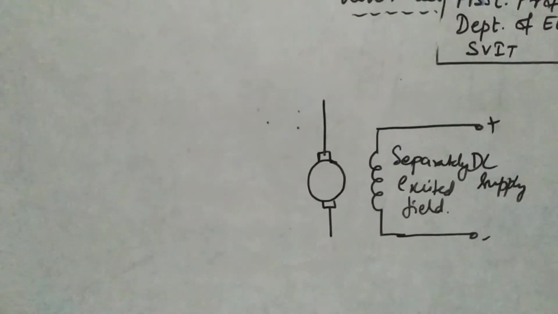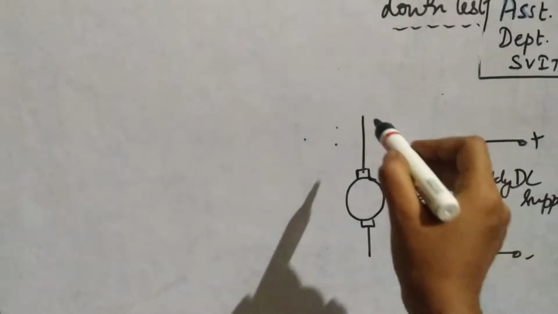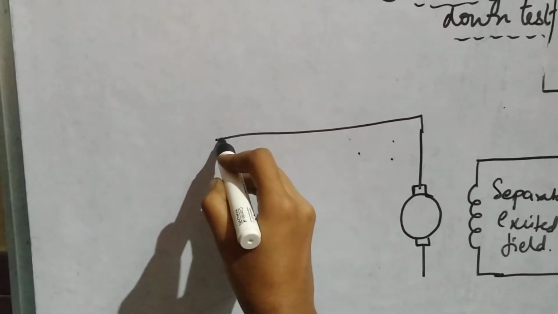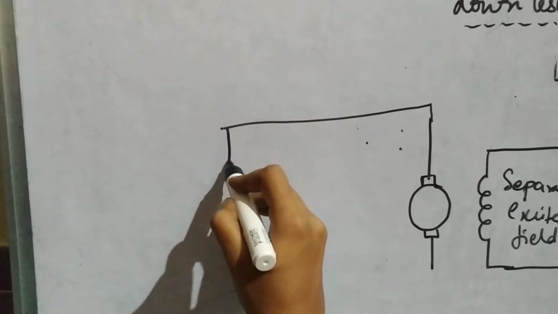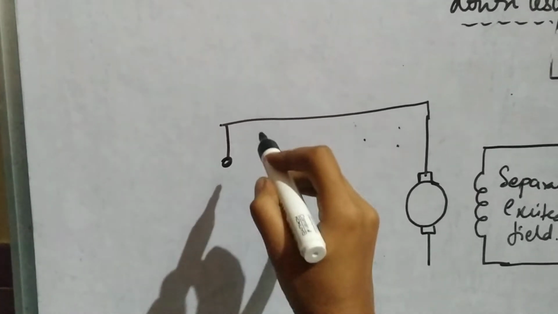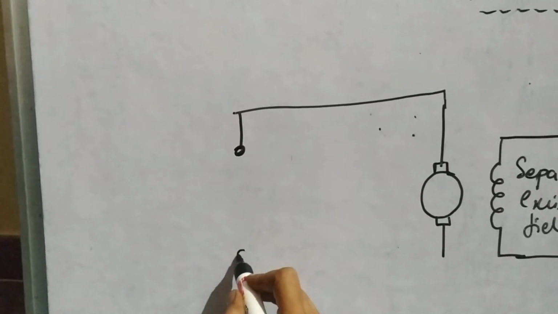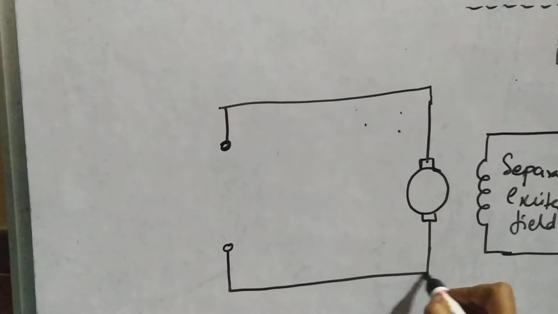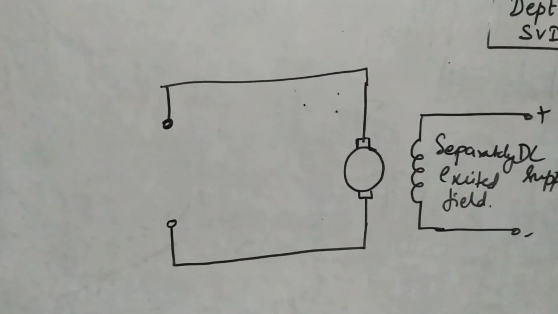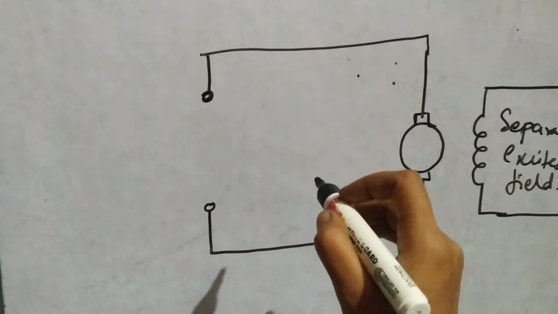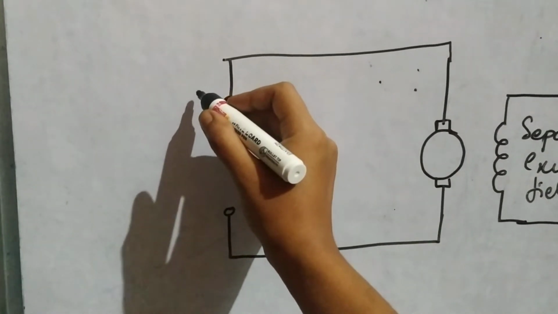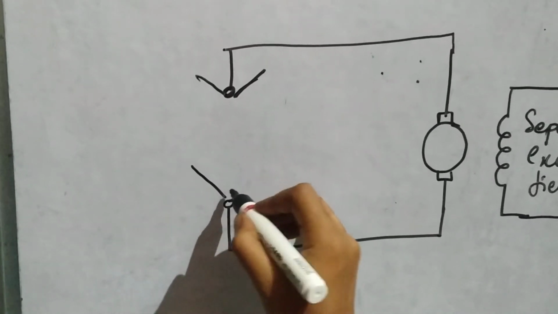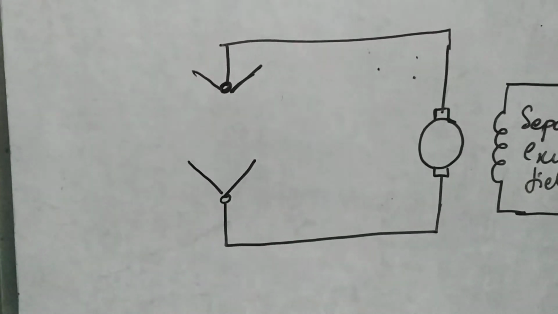Then to this armature we will connect a switch, like this. Here the switch will be switching to two directions.